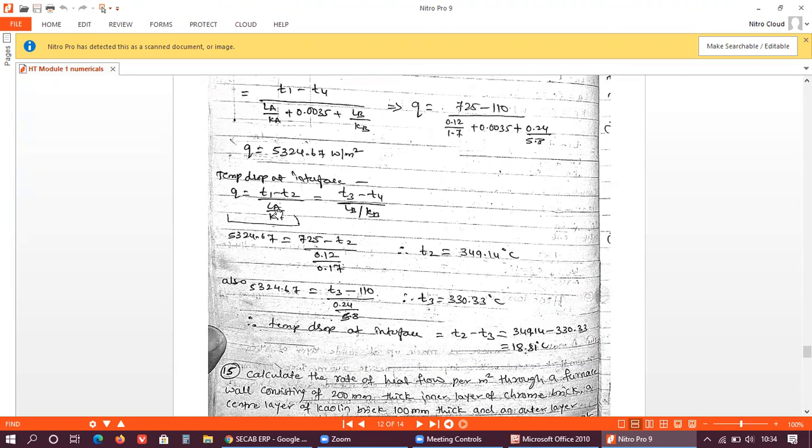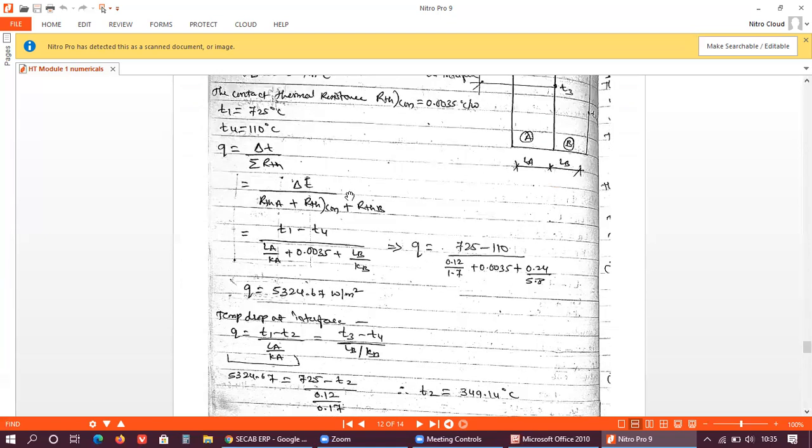And this is the expression for the rate of heat transfer through the second wall, right? Since there is a temperature drop, we have not considered T2 here. T2 is not mentioned here.